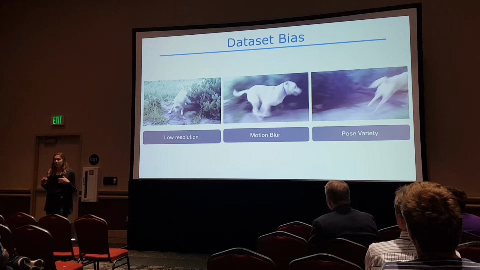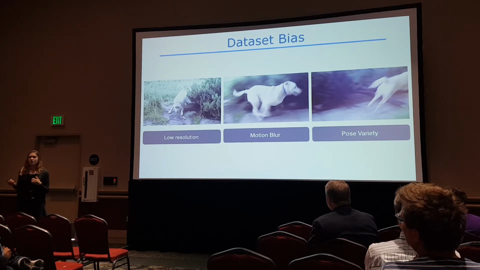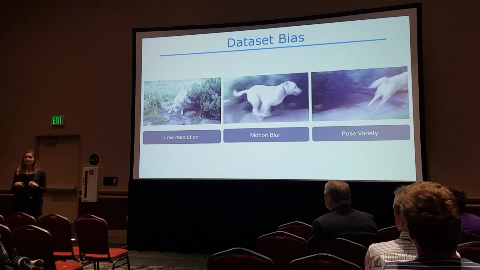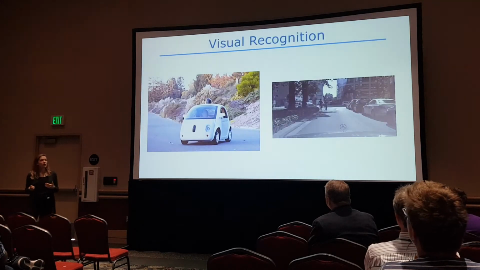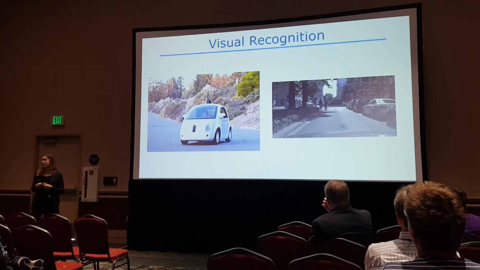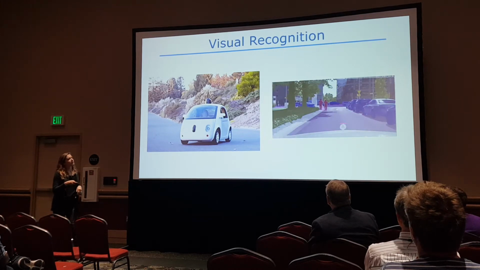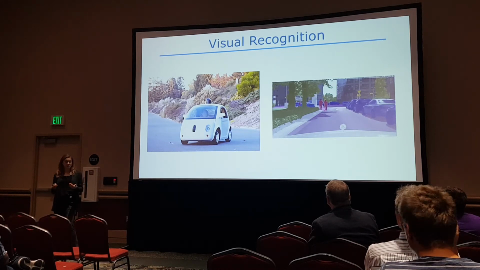So we also see that even if you're not talking about different data sets, you might have a large difference in terms of performance. Let's say we have a self-driving car, and the goal here is to be able to understand the street scene. That might mean being able to recognize the road, the pedestrians, and the cars. So we can take a model that was trained on one collection of data, and it seems to work well in that scenario.